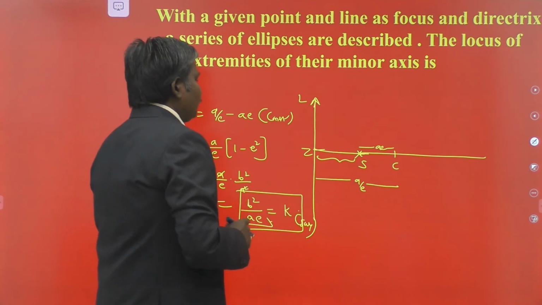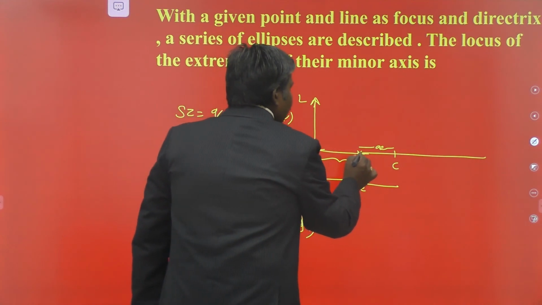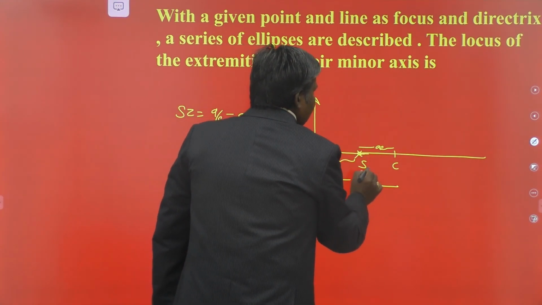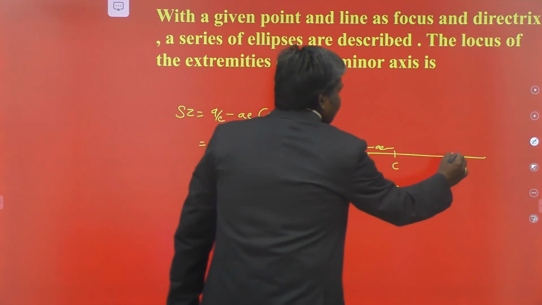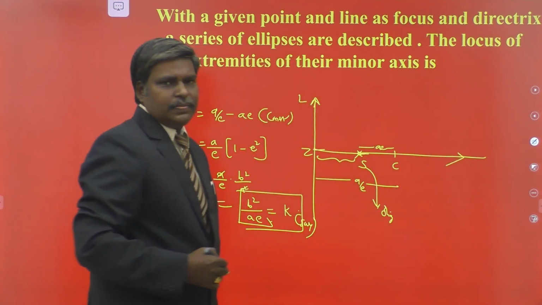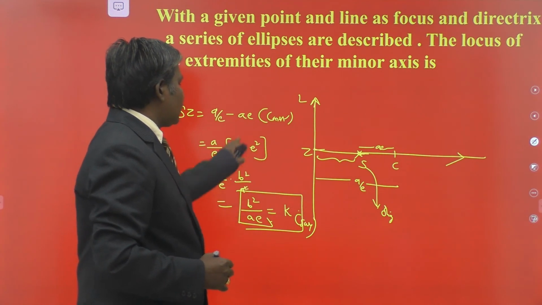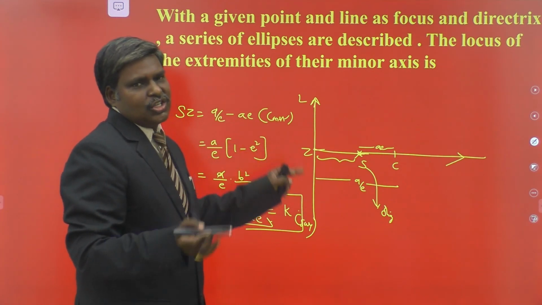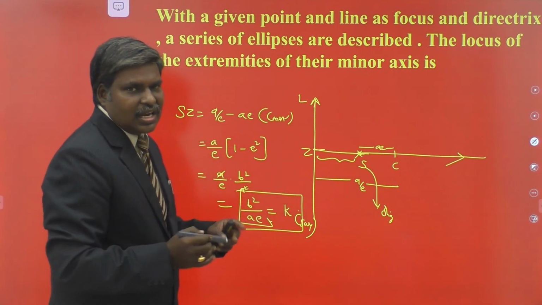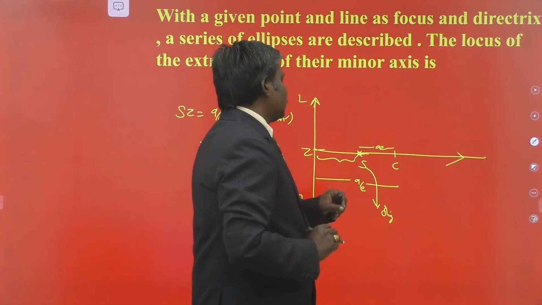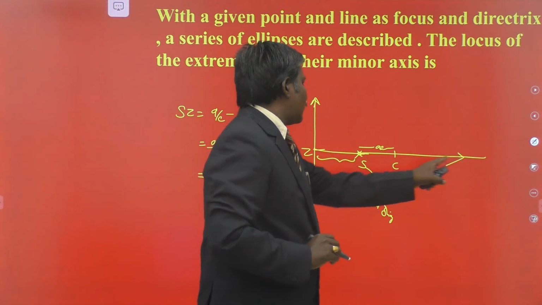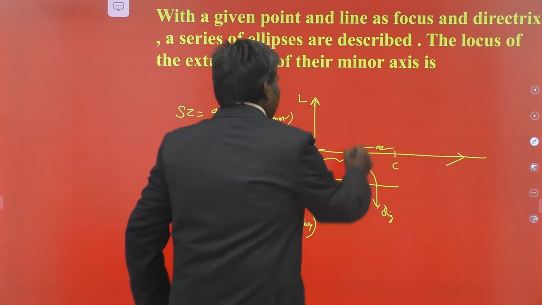Now for the sake of convenience, we choose our focus, that is the fixed point, as origin and SC as x-axis. The distances are always the same. Whatever it may be, the center may be h comma k, or whatever it may be, the distances are always the same. Don't bother about them. We are choosing S as origin and this one as x-axis.